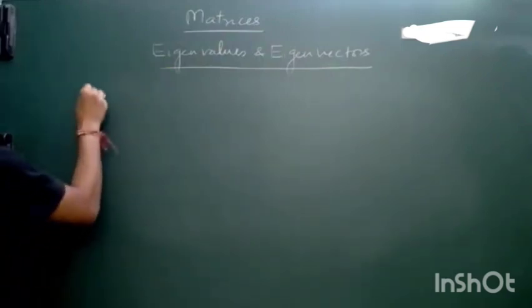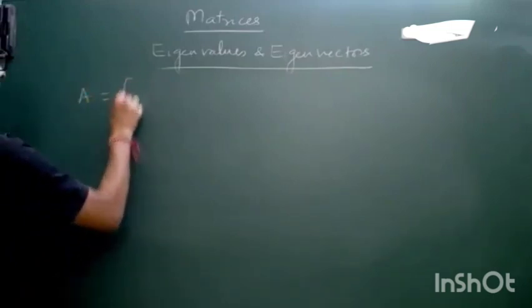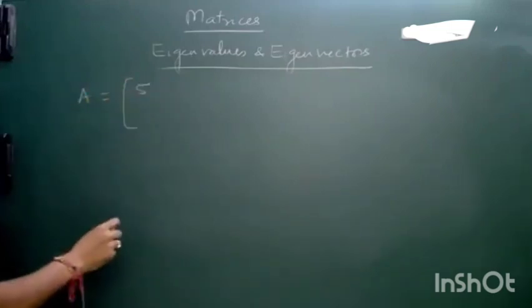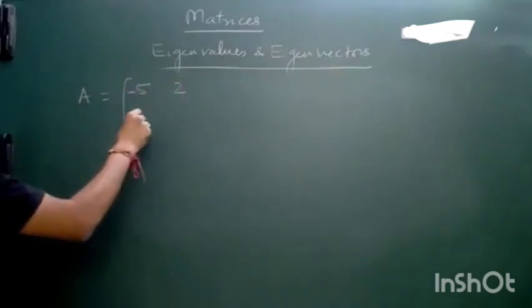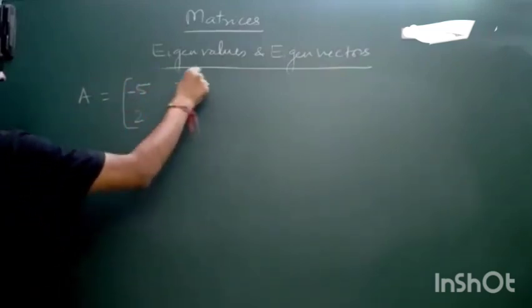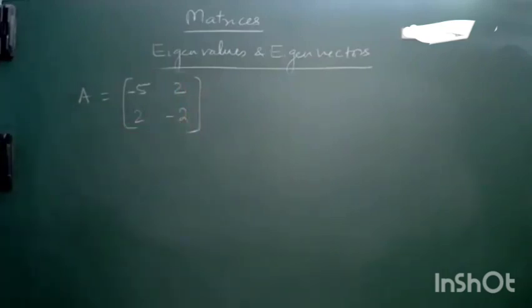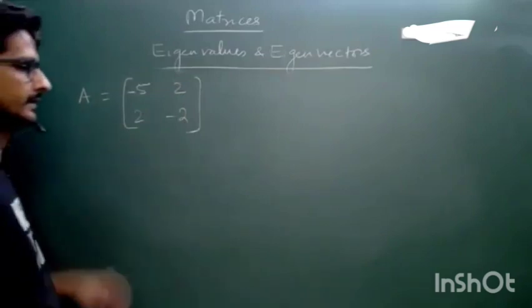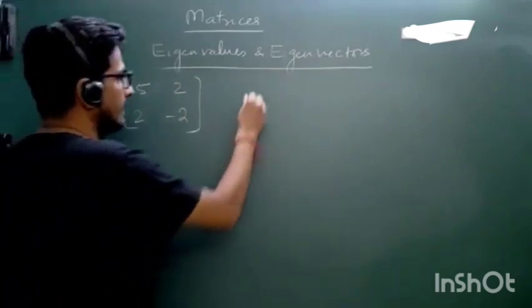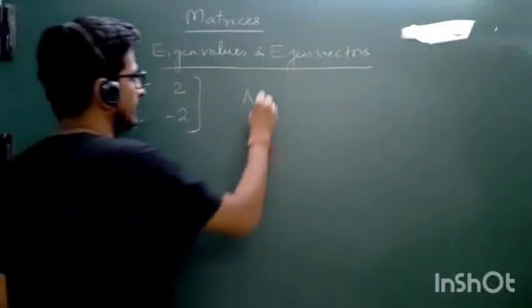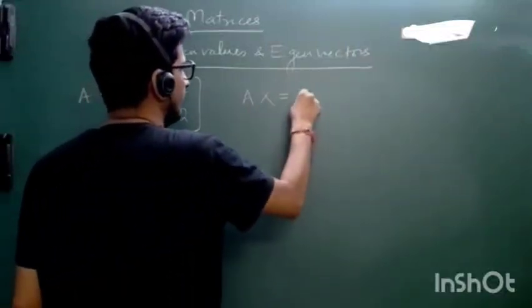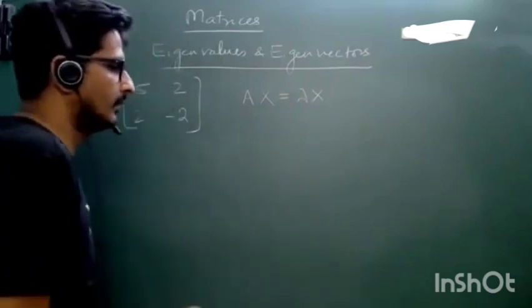So let us take a matrix, and that matrix is A is equal to 5, minus 5, 2, 2 and minus 2. Okay, so suppose this is the matrix, and if you write A x is equal to lambda x, then what will happen?